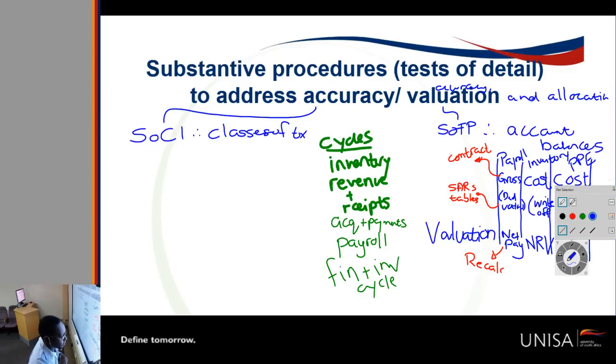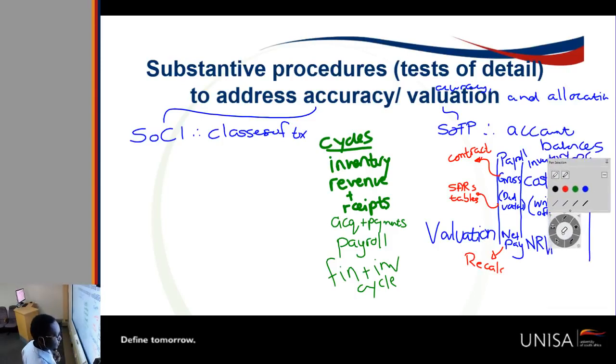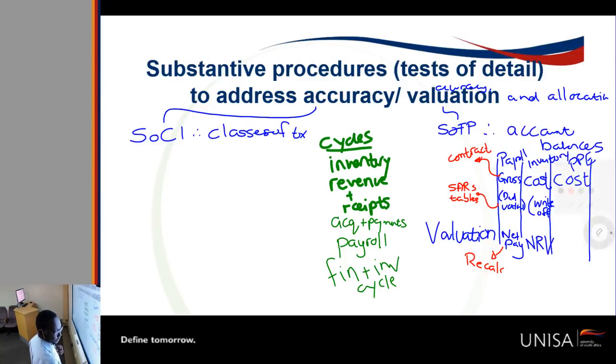Our cost less our accumulated depreciation will give you carrying value.